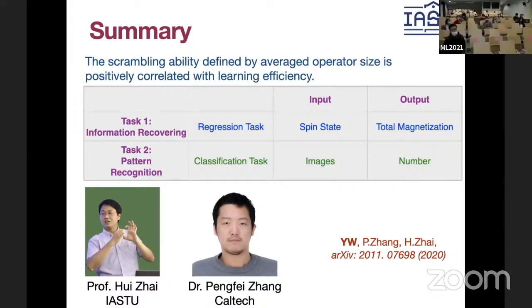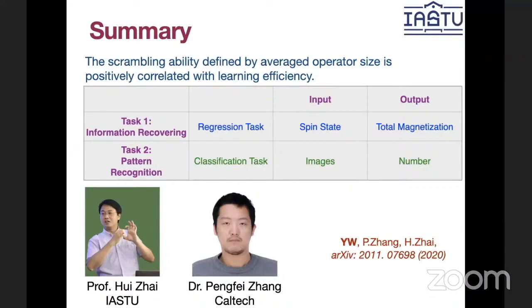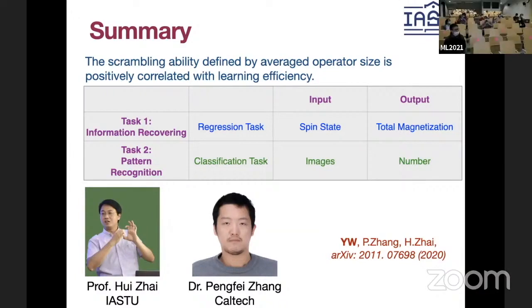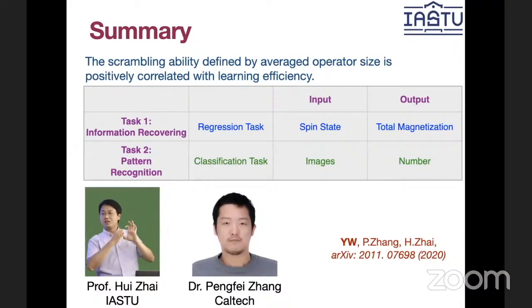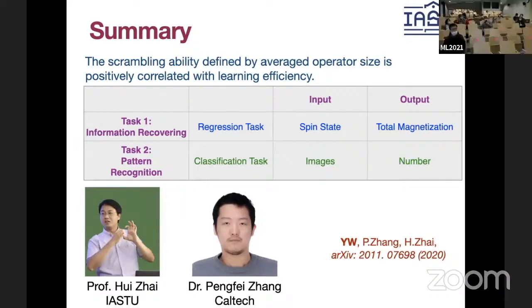No, I mean, if you now want to design a circuit which gets higher performance or higher accuracies, you would need to find a circuit which maximizes your average operator size growth. Do you have any intuition on what makes a circuit suitable for this task?